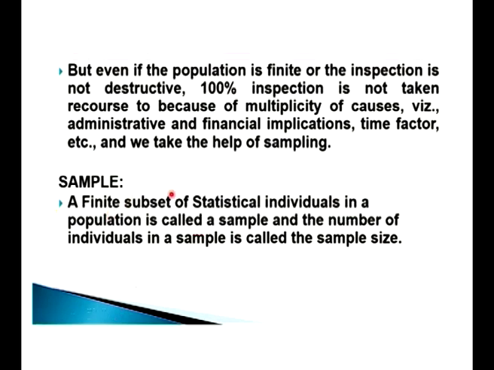As I already told you, population is the whole universe of the objects taken into consideration for statistical study, and a sample is a finite subset of statistical individuals in a population, and the number of individuals in that particular sample is called the sample size.